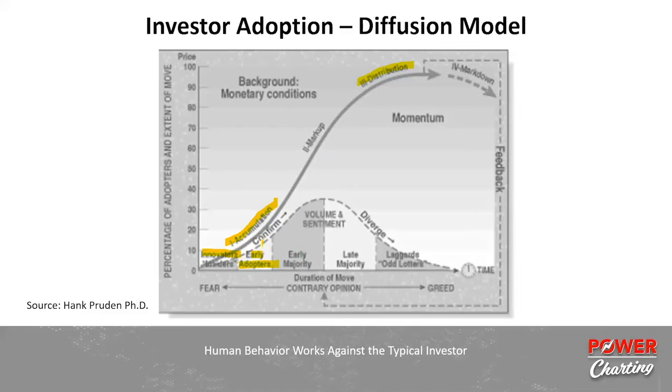So you can see this big bulge in the bell curve of adoption diffusion, where the early majority and the early adopters are accumulating shares, and there's a large participation by these people as the market goes up. But there comes a point where they stop doing their buying and they stop holding stock. Their holding stock is what helps the market to go up, because they hold it, they don't sell it.